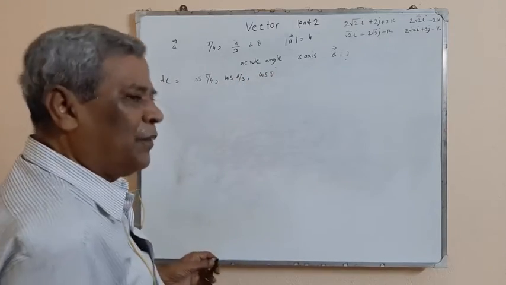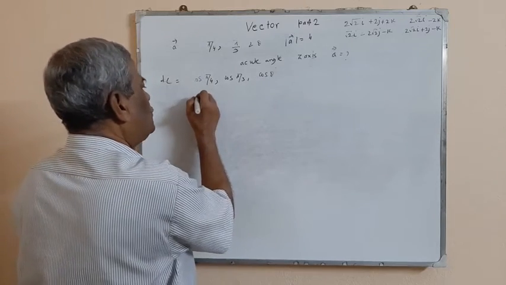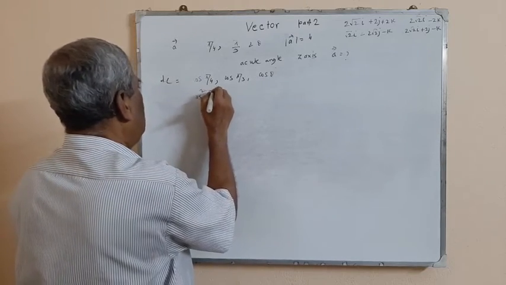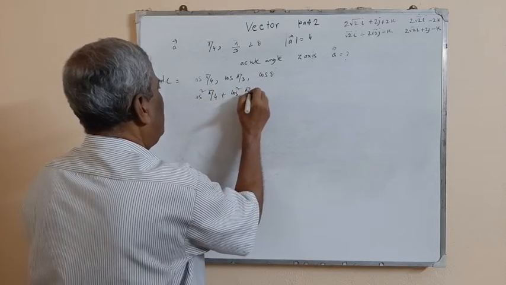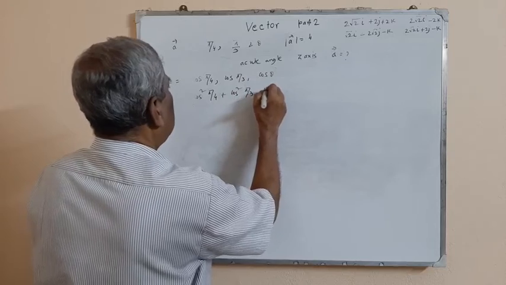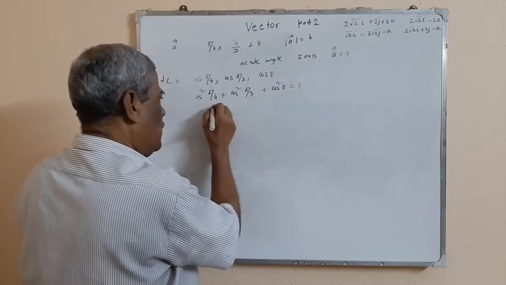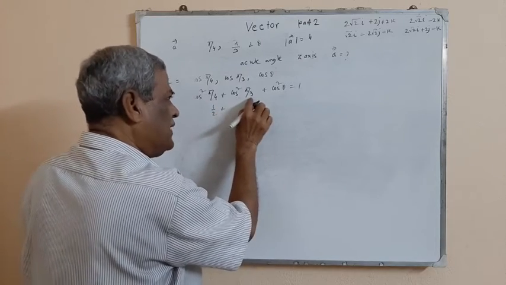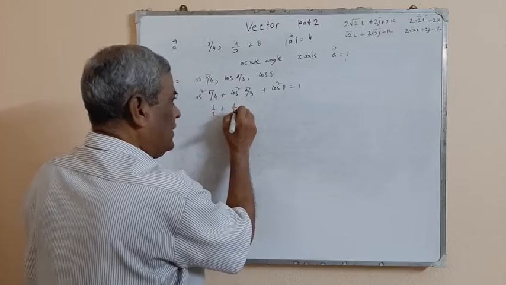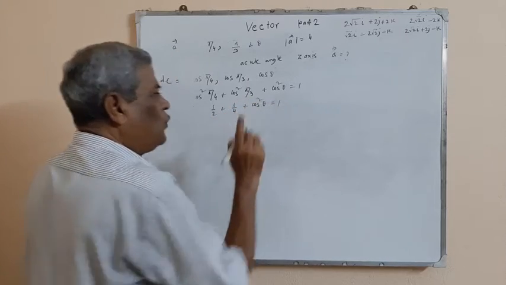From this information, theta can be obtained very easily, because cos square pi by 4 plus cos square pi by 3 plus cos square theta is equal to 1. So 1 by 2 plus, cos pi by 3 is half, so half square, plus cos square theta is 1, only one unknown.